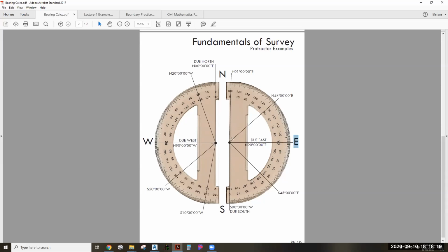If I'm drawing a line from the center of this circle and I'm coming out in this direction, this line falls between north and east. So I know that the bearing is going to start with an N and end with an E because it falls between those two letters.